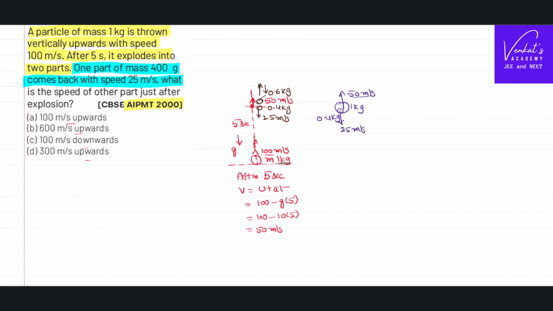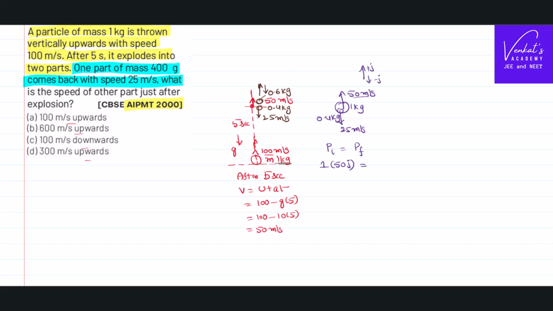Let me apply the conservation of linear momentum, that P initial equal to P final. P initial means mass into initial velocity. Mass is 1 kilogram, initial velocity is 50 meter per second. I will take plus J. I will consider upward as plus J, so that downward becomes a minus J.